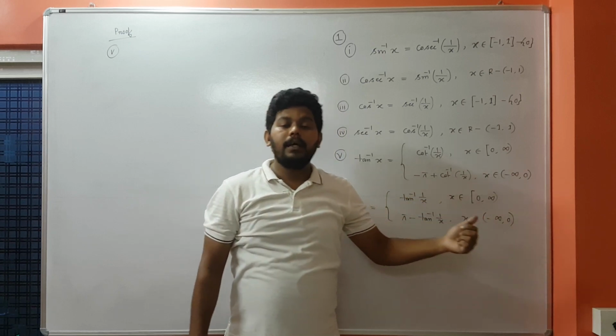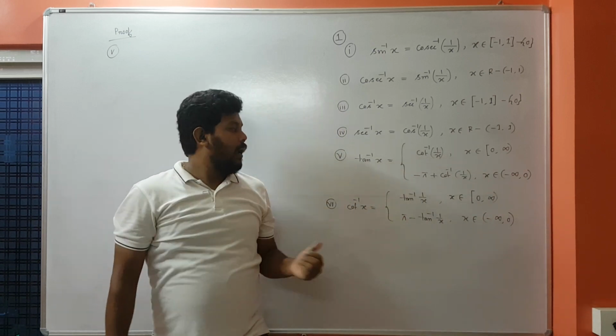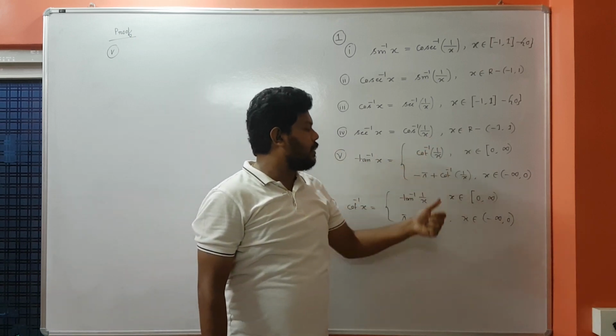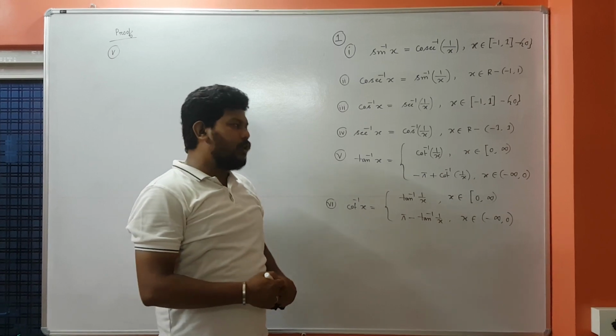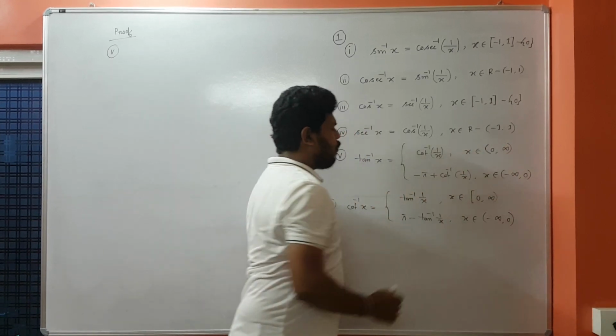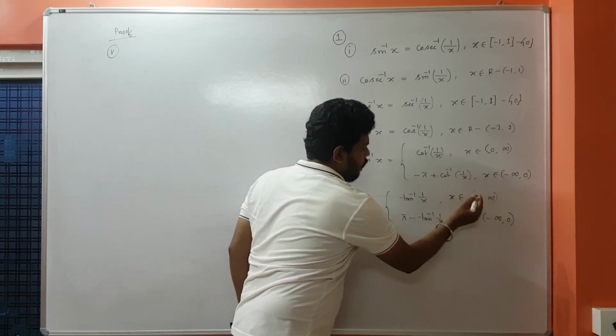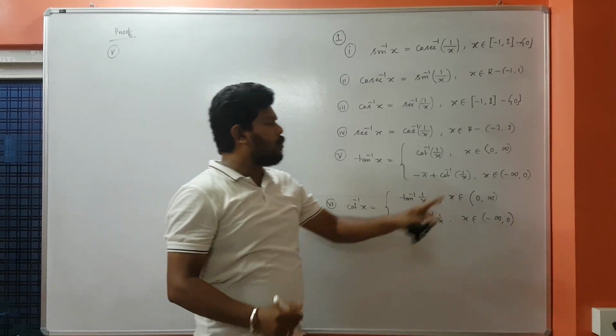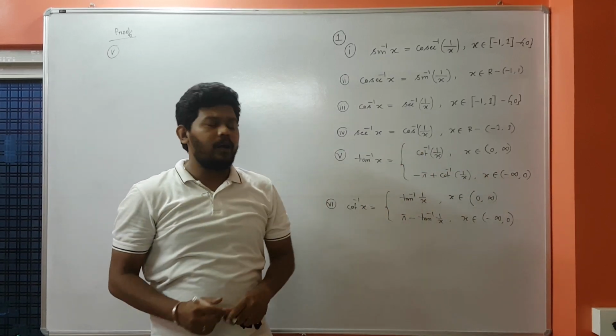That means x is negative, and tan inverse of x is equal to cot inverse of 1 by x when x belongs to 0 to infinity. We can give an open interval for no confusion. Now, for x positive, it is cot inverse of 1 by x.